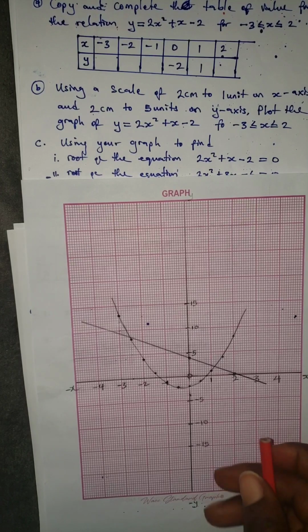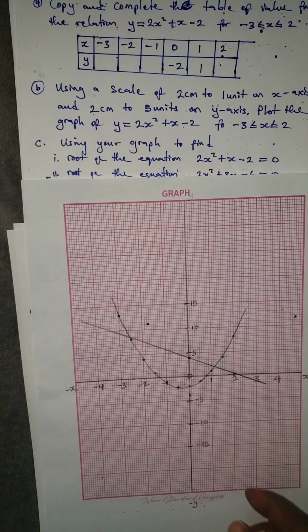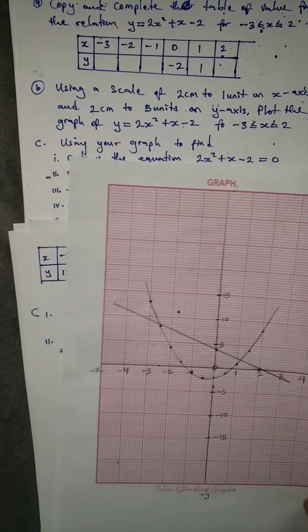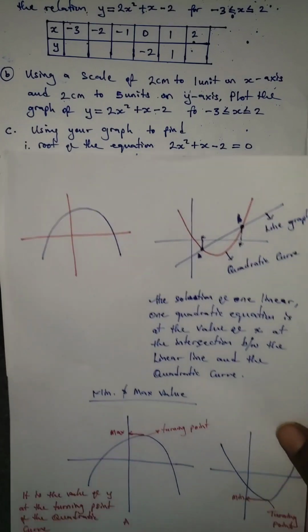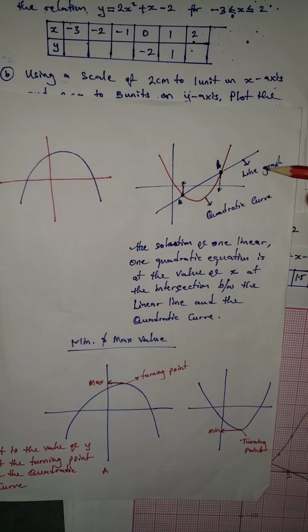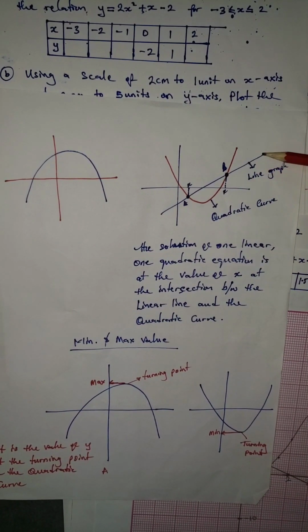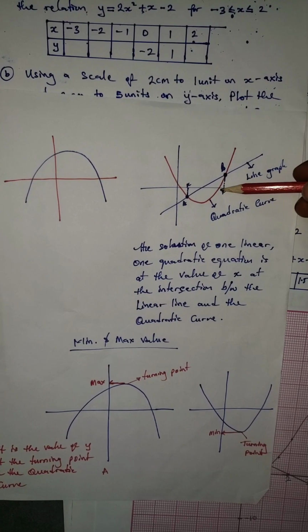Now you can see the graph of the simultaneous equation, one linear, one quadratic. If you remember, this is our linear line, this is our quadratic.